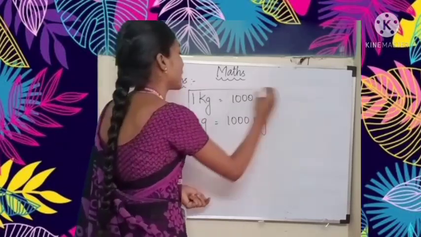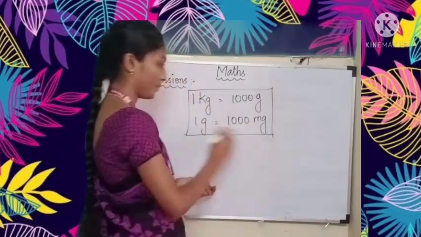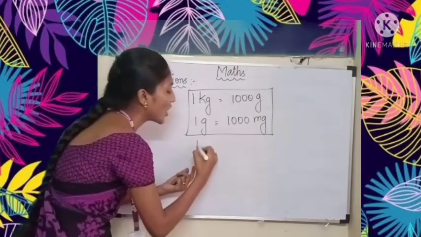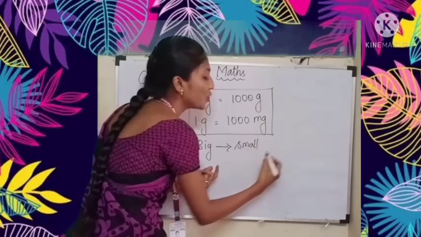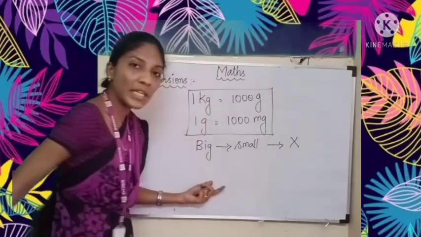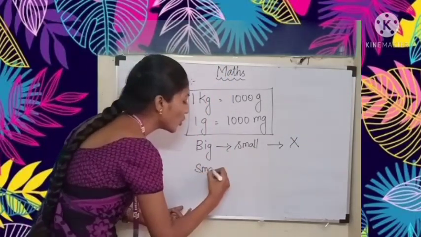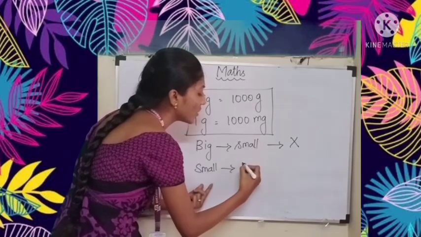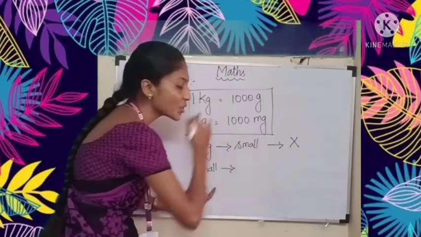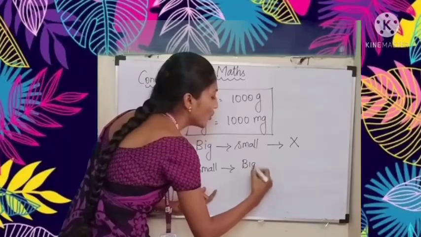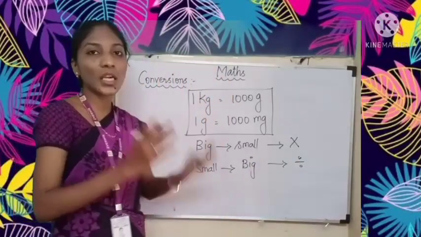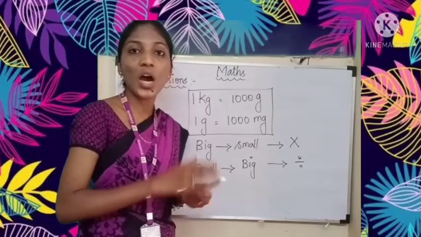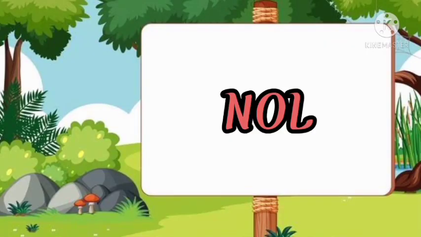The next one: when you are converting from big to small, you have to use multiplication. When you are converting from the smallest unit to the biggest unit, you need to use division. These are the key points you need to remember when you are doing conversion.